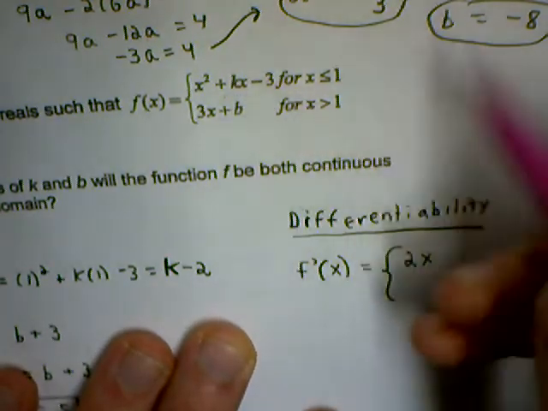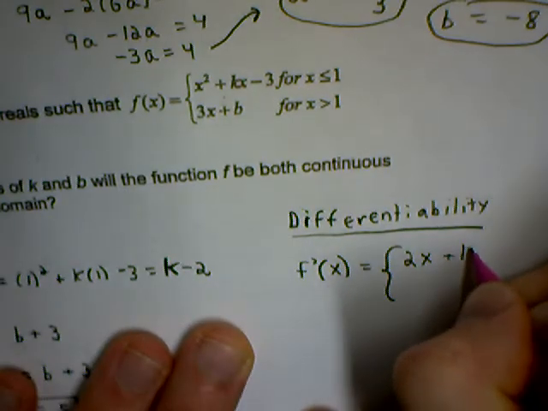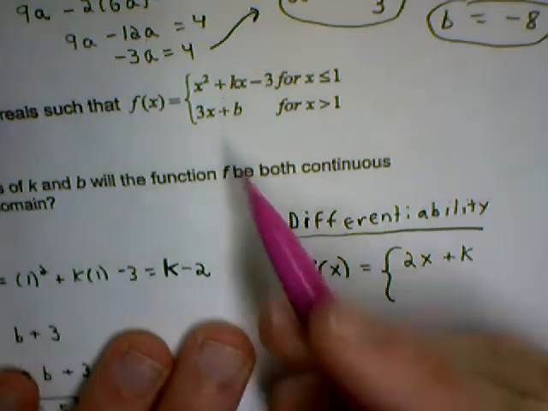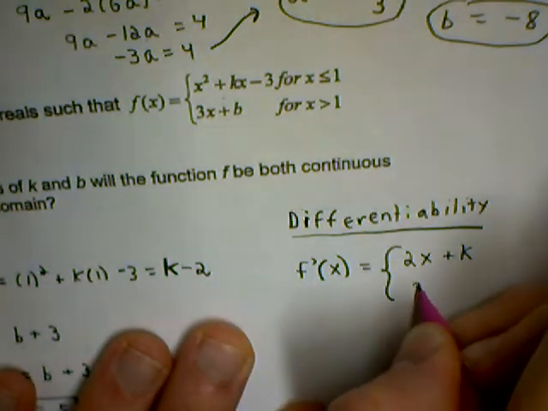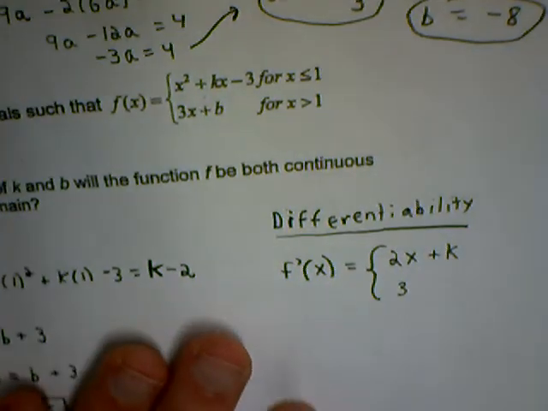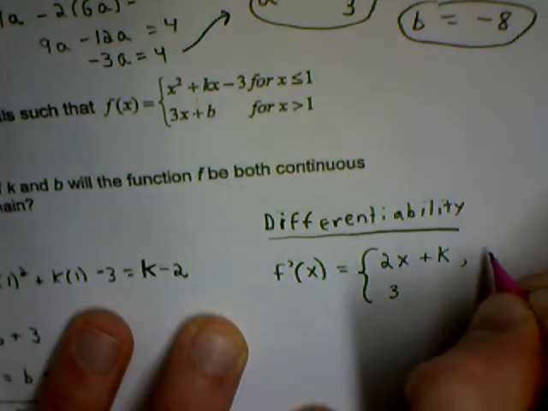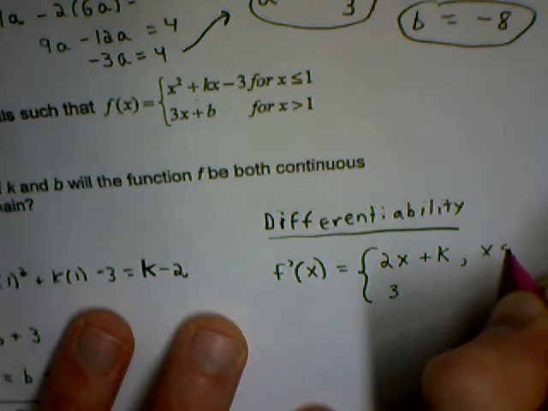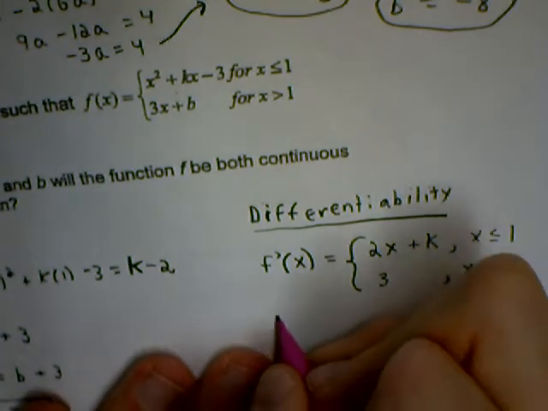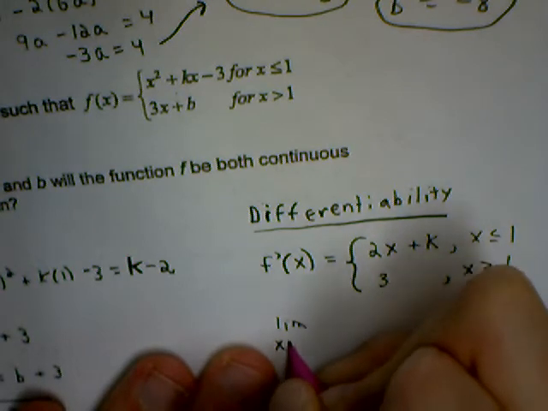The derivative of kx is k. The derivative of negative 3 is 0. The derivative of 3x is 3. The derivative of b is 0 because b is a constant. Next, let's check the left-hand and right-hand derivatives.